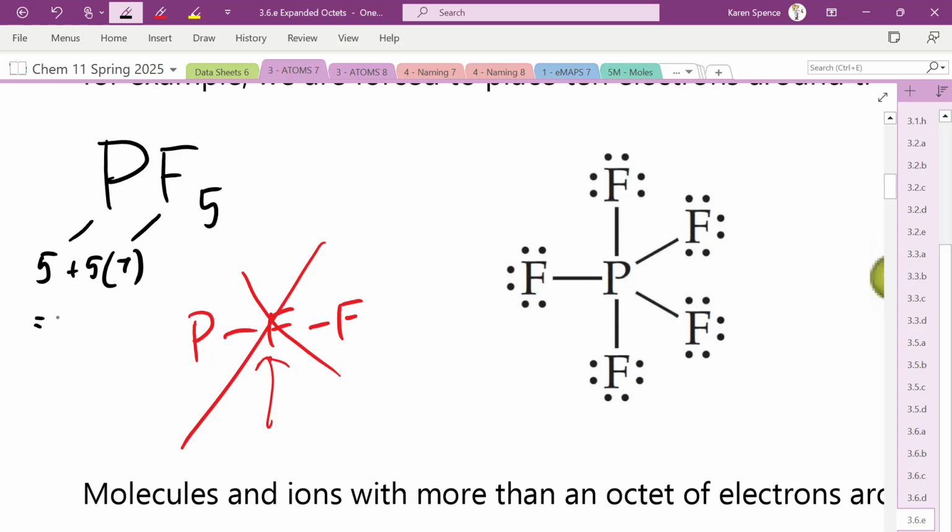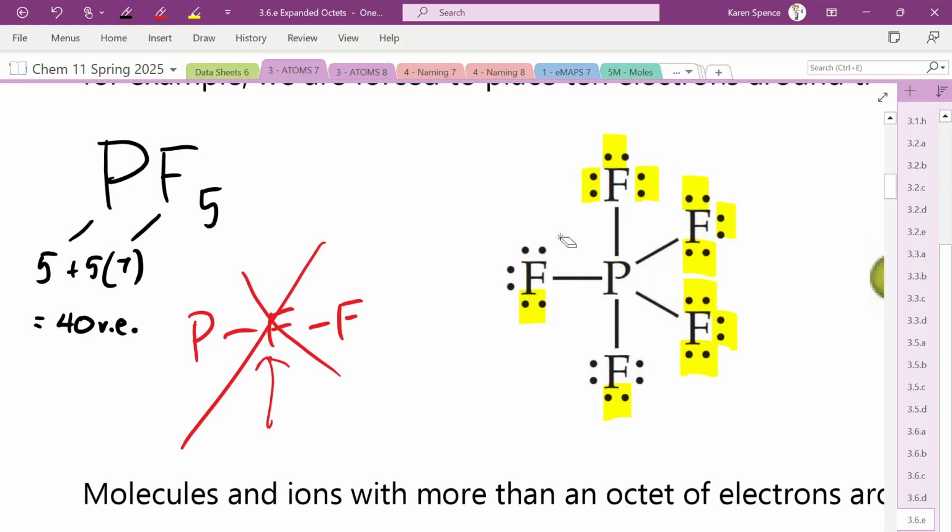And that's going to give us 40 valence electrons. Does our structure have 40 valence electrons? Well, you go 2, 4, 6, 8, 10, 12, 14, 16, 18, 20, 22, 24, 26, 28, 30, 32, 34, 36, 38, 40. Oh, hey, look at that. Yes? Every single fluorine has 8 electrons, because everybody's supposed to have 8 electrons.